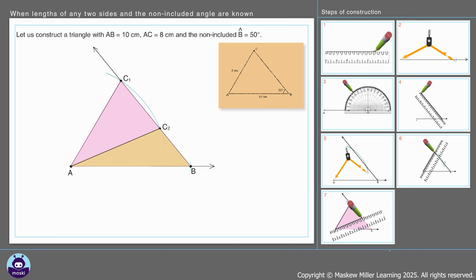Both these triangles, ABC1 and ABC2, meet the desired requirements of AB equals 10 centimeters, AC equals 8 centimeters, and the non-included angle B equals 50 degrees. Hence, one should note that when, along with the lengths of any two sides, the non-included angle is known, we shall be able to construct two different triangles.